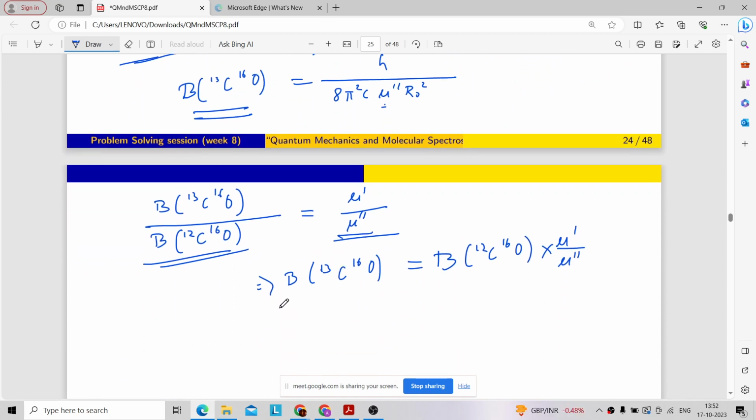So what we have to calculate is the rotational constant for this molecule 13C16O. We already have this one and we calculated these two parameters.